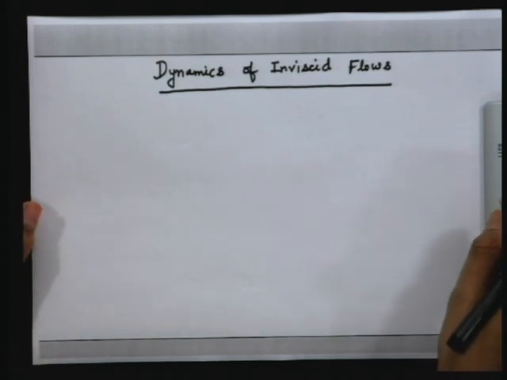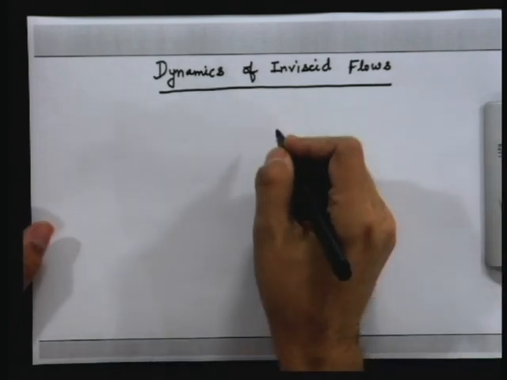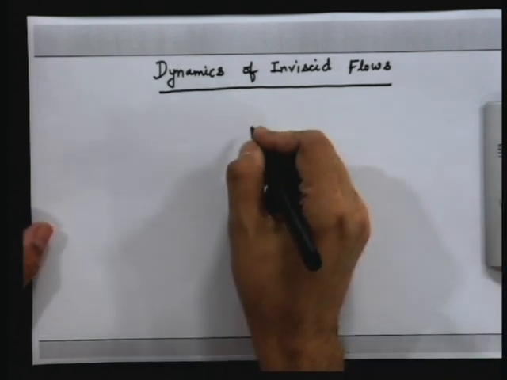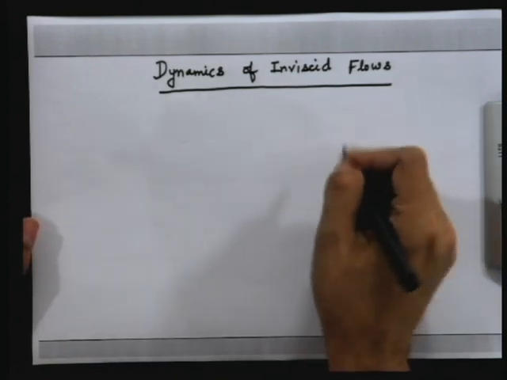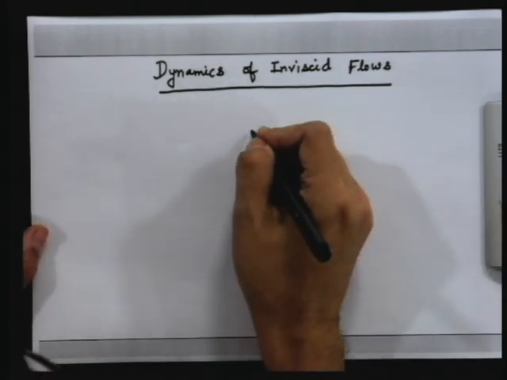So, to write the equation of motion for inviscid flows, we will start with drawing a box, as we did in many of our earlier examples.